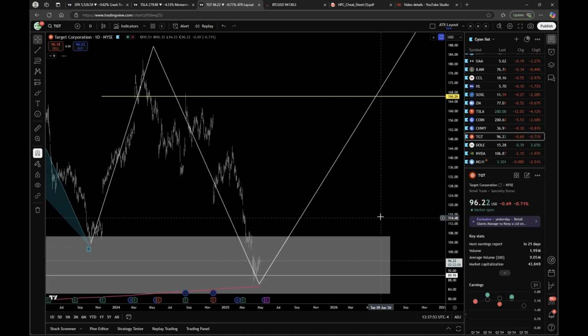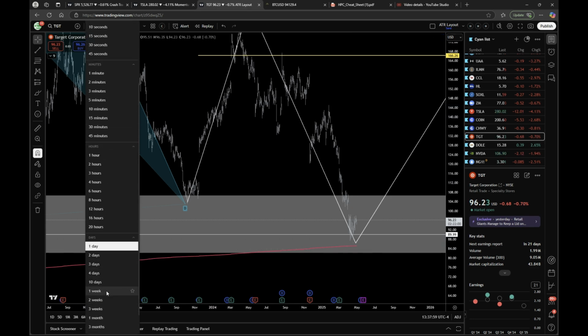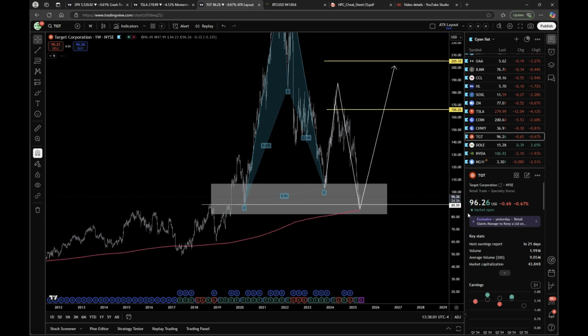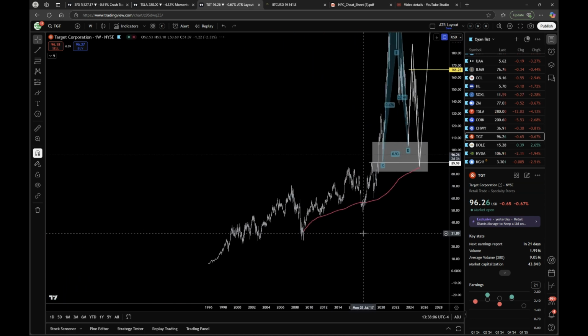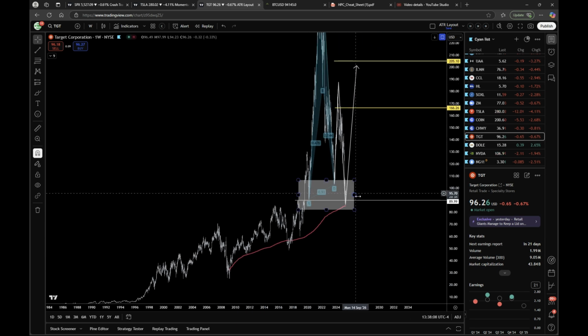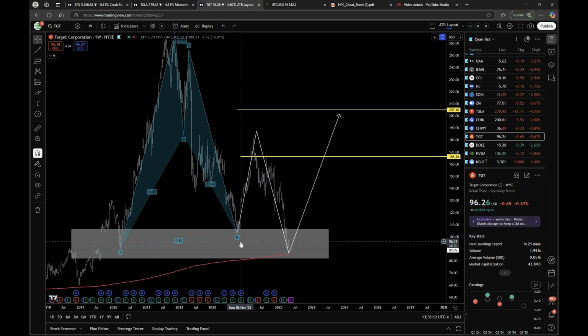Target is another one I've been interested in accumulating down here on this massive VWAP, right, as we come down into that support, that massive anchor VWAP from here. I think Target could make another run for a classic 1-2 all the way up into 205.